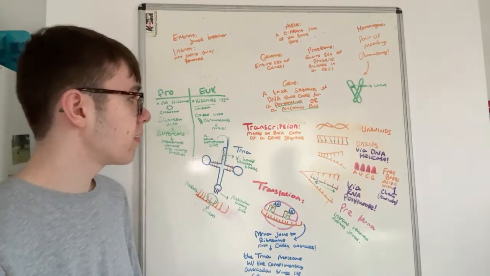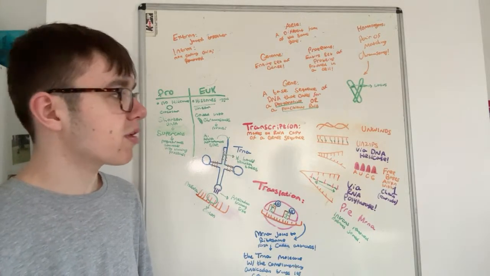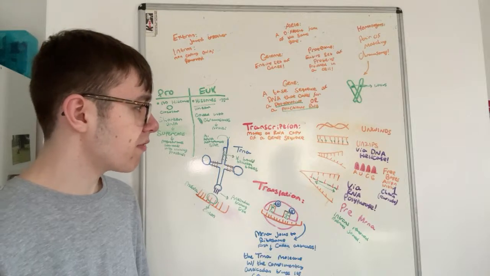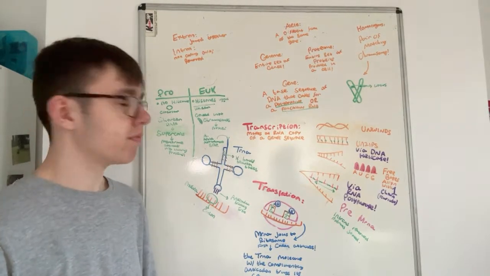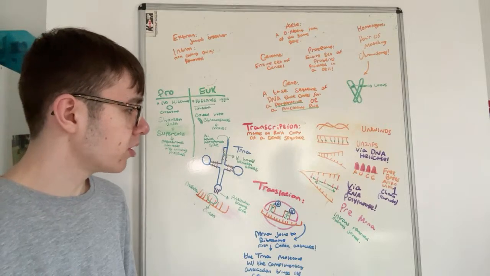Fifteen words. The DNA unwinds, it unzips via DNA helicase, the free RNA bases align with the one chain, the RNA polymerase.